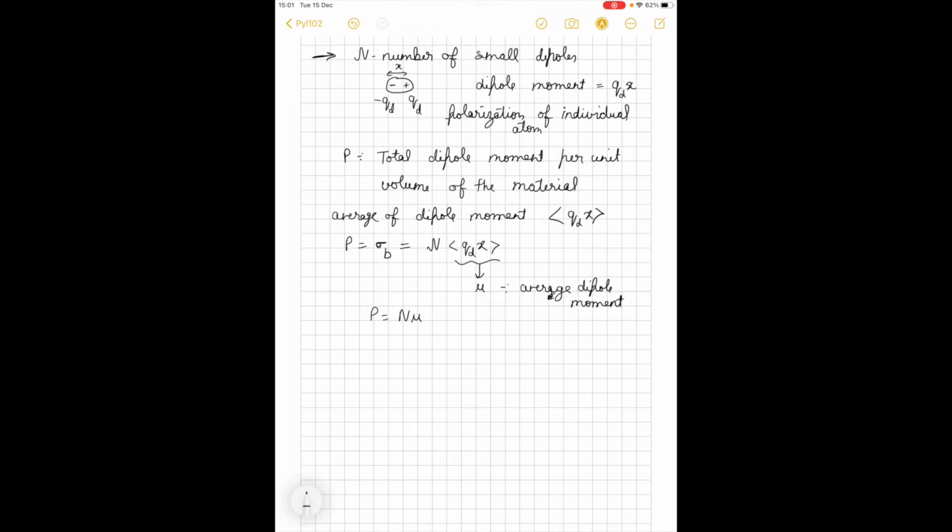So I'm defining another quantity. Let's define alpha as something called polarizability. So our mu is equal to alpha times E, where E is the local electric field.